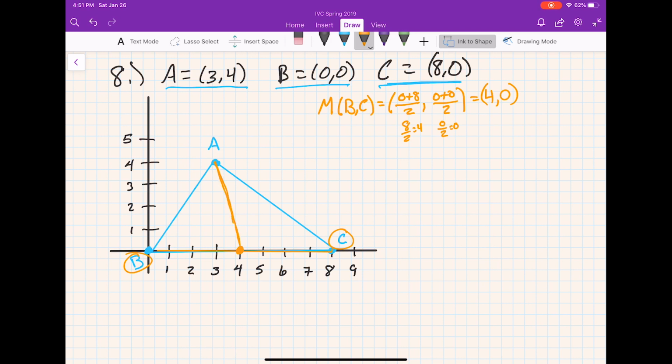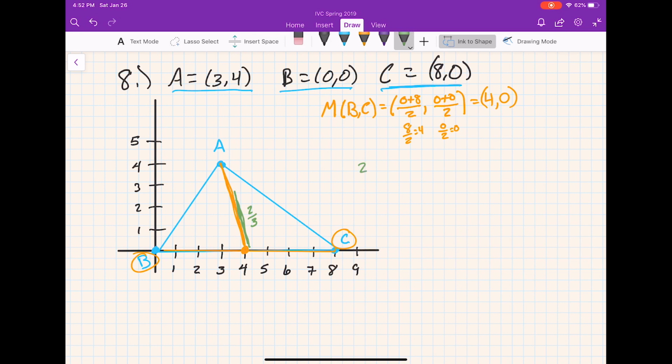So here's this line. But remember, the problem said we're going to be 2/3 of the distance here. We can either start at A or from this point over here, but we're only going to go 2/3 across. So we're going to do a distance formula between A and, I should really name this other point.